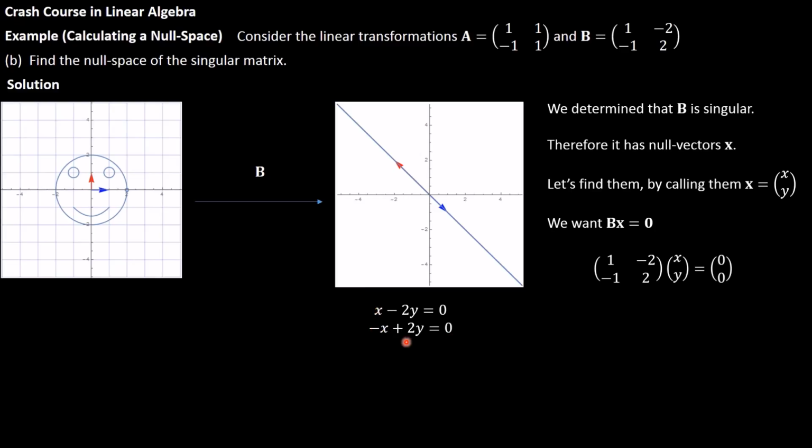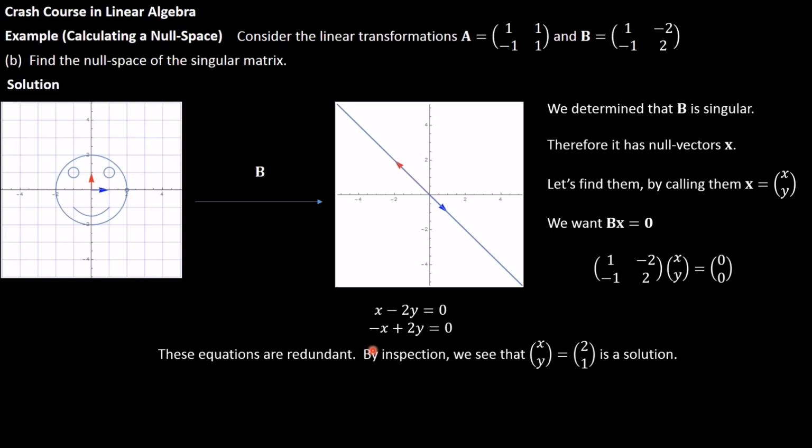See, the second equation is just -1 times the first equation, which means, so we see by inspection then, that if you just solve the first equation, then the second equation is automatically also satisfied. So you can just plug in any number you want. I plugged in 1 for y, and then I automatically got 2 for x, so that 2 minus 2 is 0, and then the second equation is automatically satisfied. So 2, 1 is a solution for x and y.